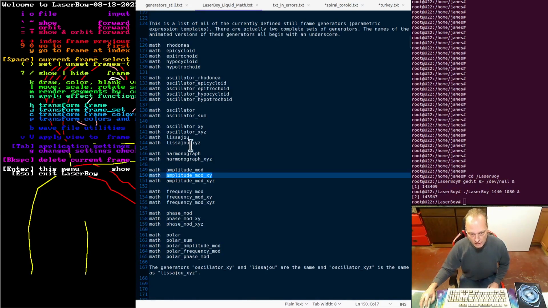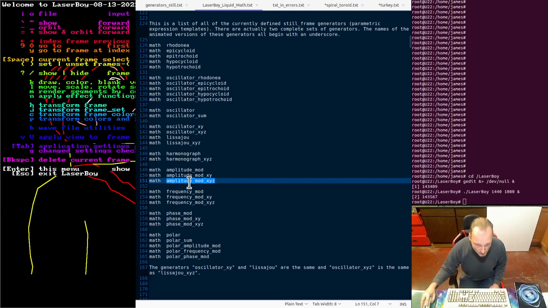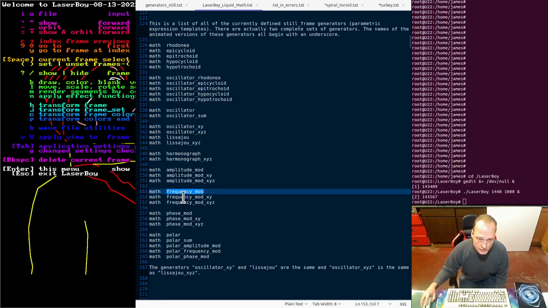XY is kind of like the Lissajous thing, except it is amplitude modulation between LBO1 and LBO2 in X, and amplitude modulation between LBO3 and LBO4 in Y, and then similarly there's the XYZ version, and this also uses 6 LaserBoy oscillators. This uses 2, this uses 4, this uses 6. This uses 2, this uses 4, this uses 6.